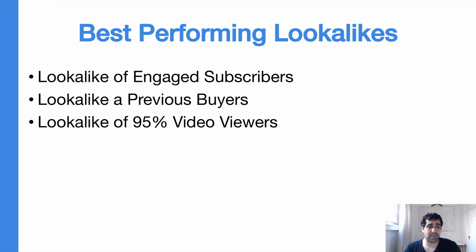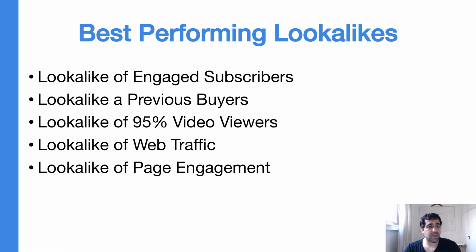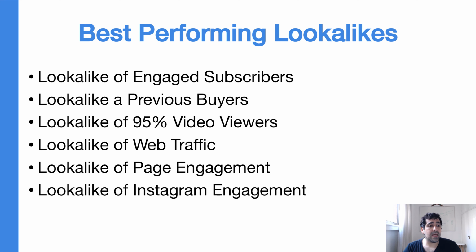Lookalike of 90% video views. Lookalike of your web traffic. Lookalike of your page engagement on Facebook. Lookalike of Instagram engagement. So the more commitment those prospects or customers have taken, the better indication, right, of a good audience that they are gonna be.